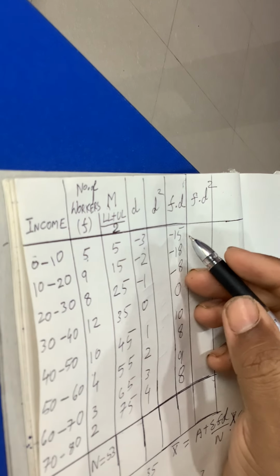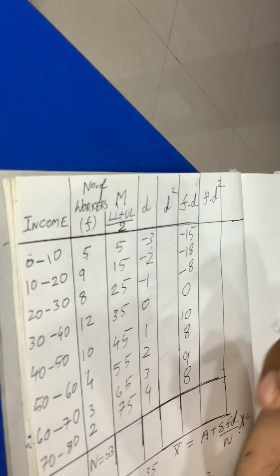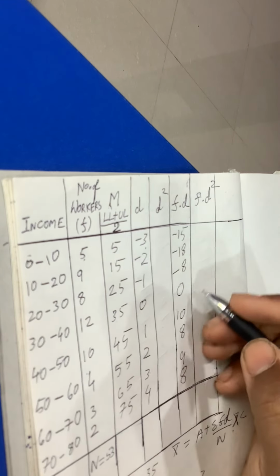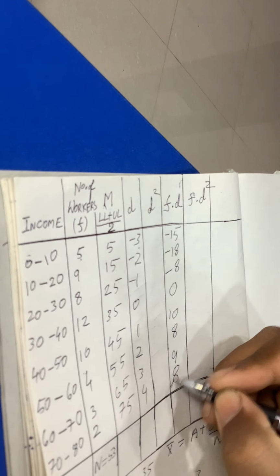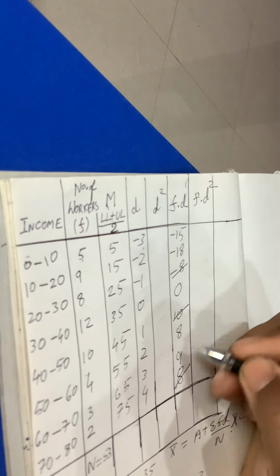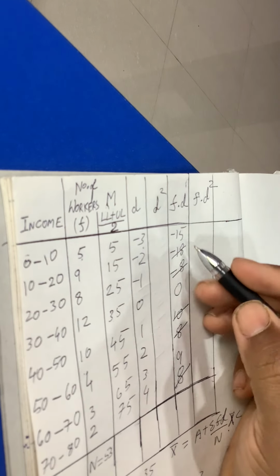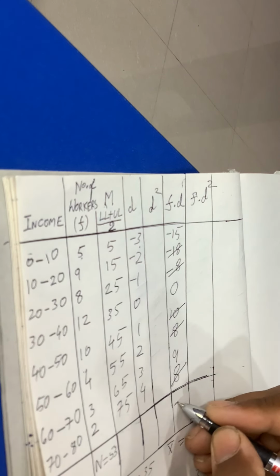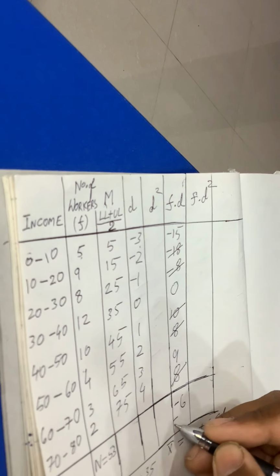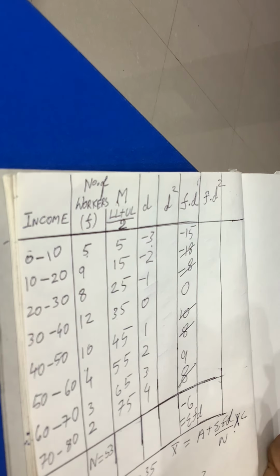Two ways: one, insert into the calculator 10 plus 8 plus 9 plus 8 minus 15 minus 18 minus 8. What I prefer is to cancel out. You can follow the calculator method, that's up to you. So 8 I cancel out, 10 and 8 with minus 18. What I'm left with is minus 15 and 9. So minus 15 plus 9 gives me minus 6. So my sigma FD is equal to minus 6.